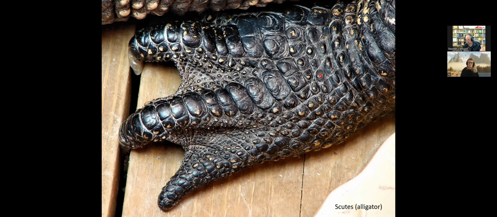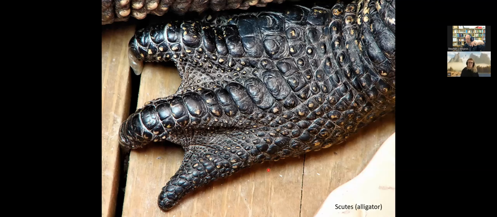This particular picture comes from an alligator, which many scientists consider relatively close to the dinosaur type. And as I mentioned previously, certain rodents, like rat tails, also have scutes, this scaly appearance.